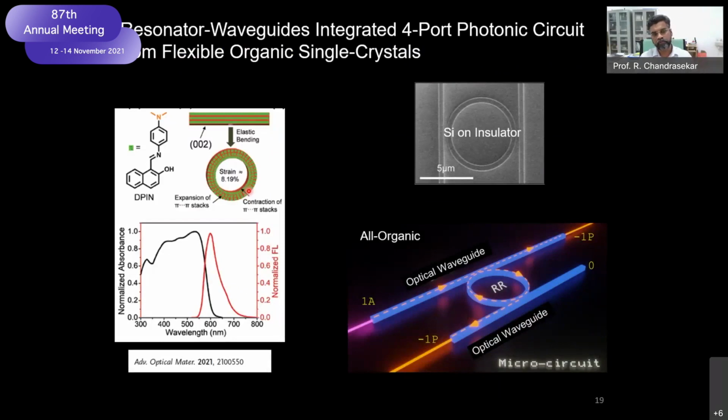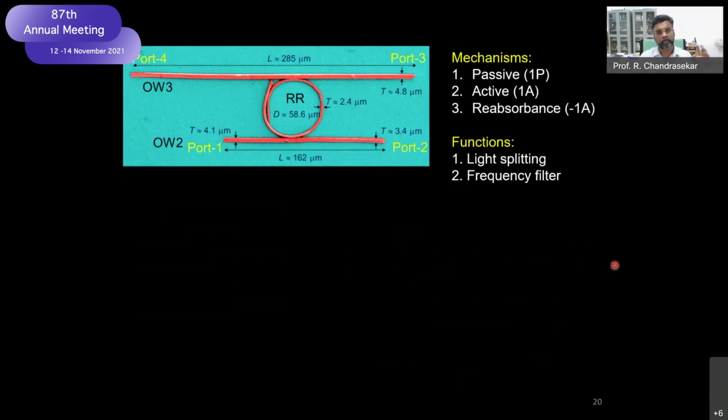And if you see here, in this particular case, we had a kind of ambitious project of creating a ring-shaped crystal, okay? So that we can use it as a ring resonator. And eventually, the idea is to create an integrated 4-port photonic circuit. And if you look at here, this is the cartoon diagram, and you can see the finely constructed circuit in the electron microscope image, and the circuit is quite stable even under experimental condition.